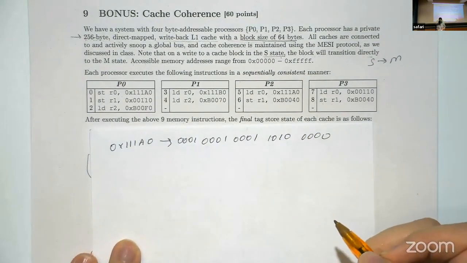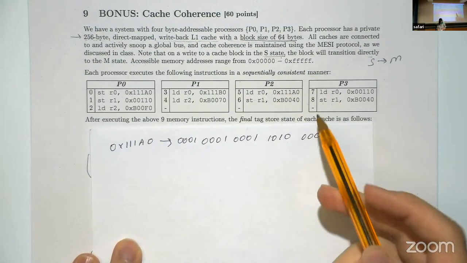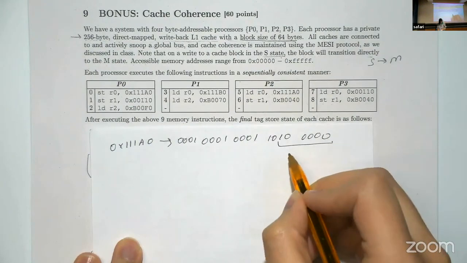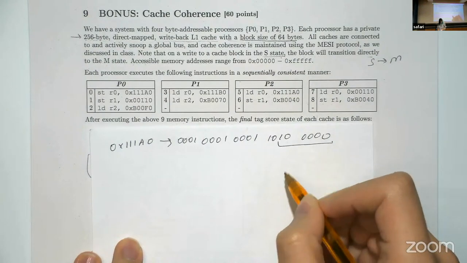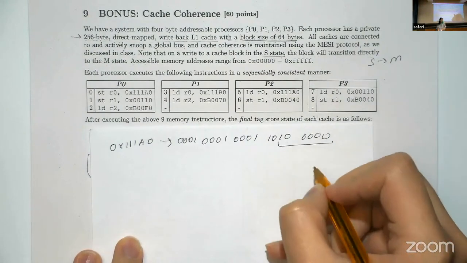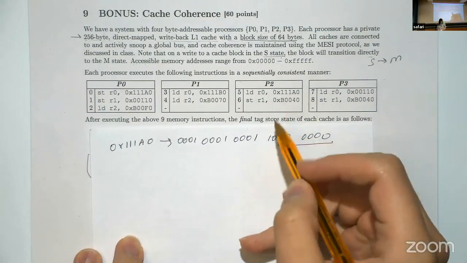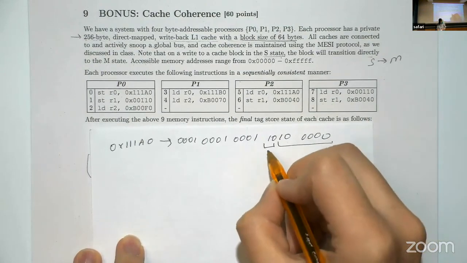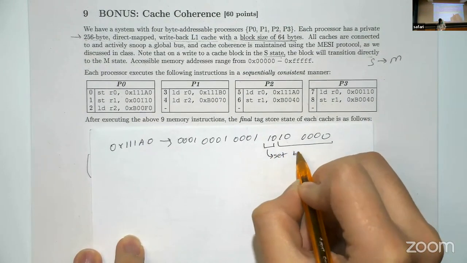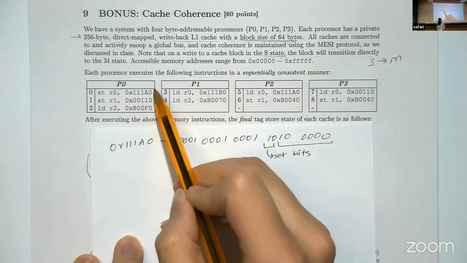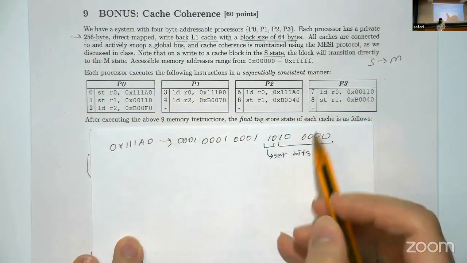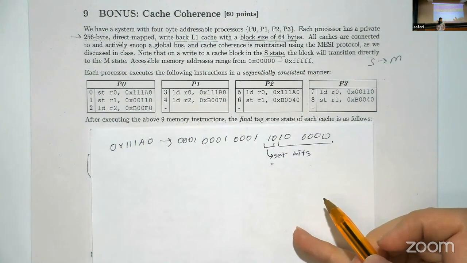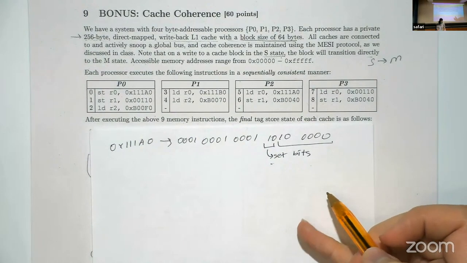Since we know the block size, we know that these 6 bits are used as byte offset, and we won't be using these for this exercise. Since we have 4 sets, the next 2 bits will be the set bits. For each of these addresses, we need to determine the set bits so that we know where to put that cache block in the cache.